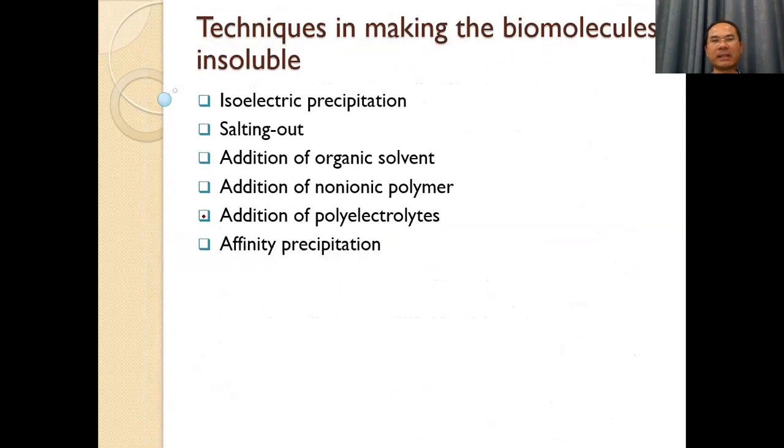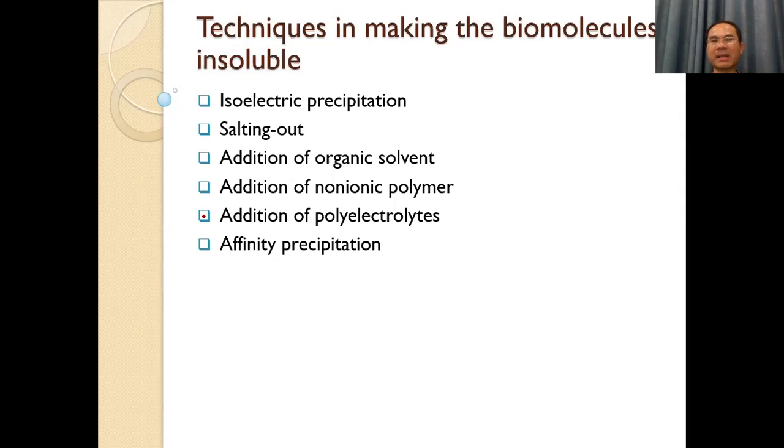Okay. Techniques for making a biomolecule insoluble. That means we would like to precipitate it out from the liquid phase into the solid phase, to make it insoluble, not soluble.